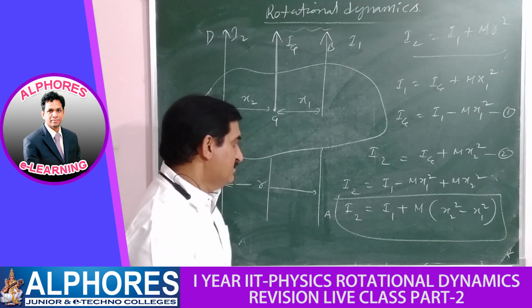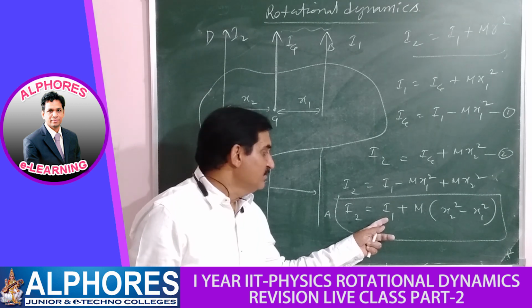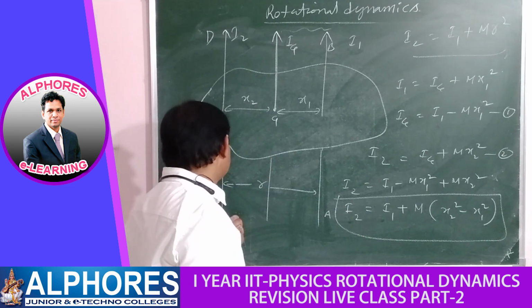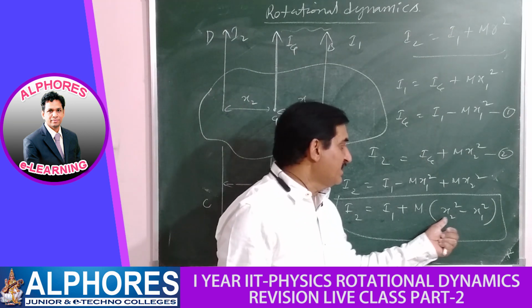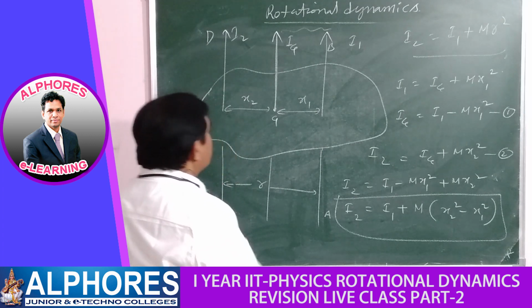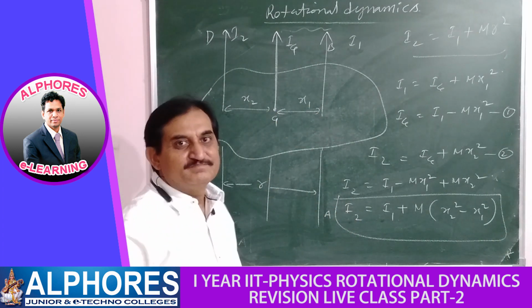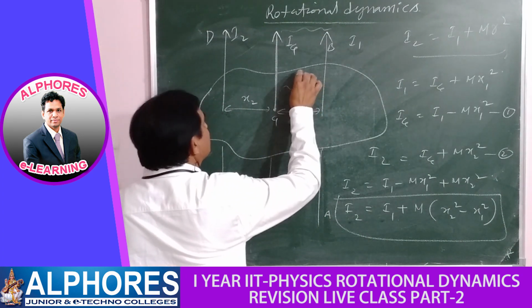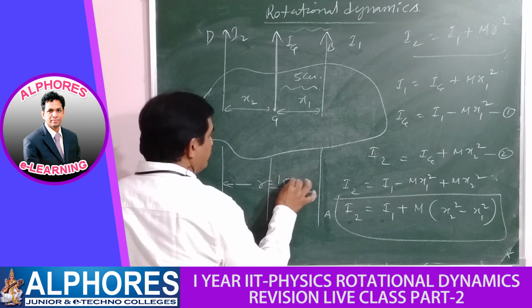See here, this is a known value, so this is a known value. So we are going to find the moment of inertia about an axis passing through somewhere, that is the CD axis, and these are x1 and x2. Suppose the first axis distance from the center of gravity was mentioned as 5 centimeters, and the total distance is given as 15 centimeters.